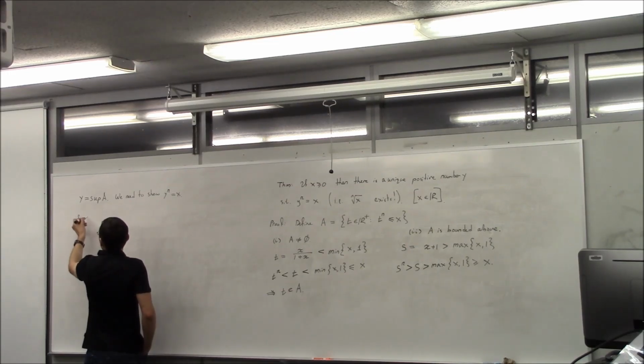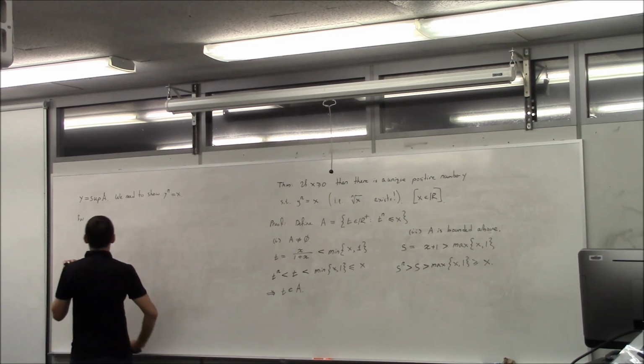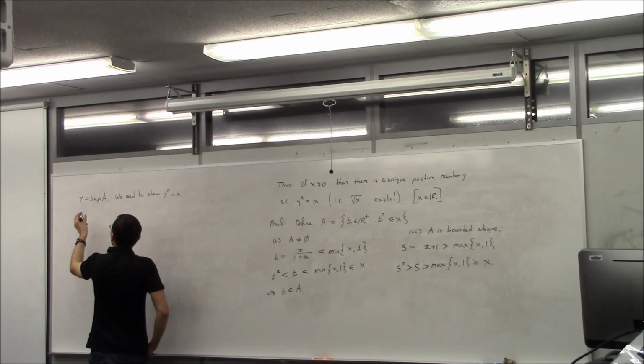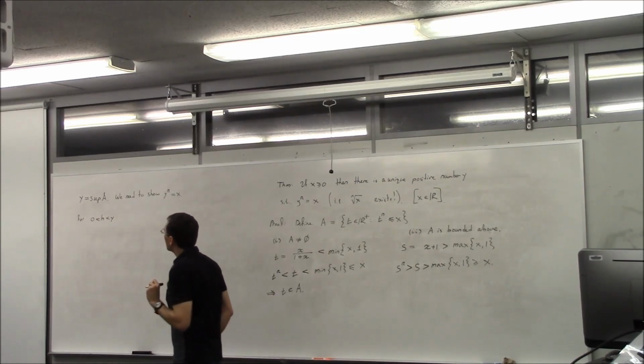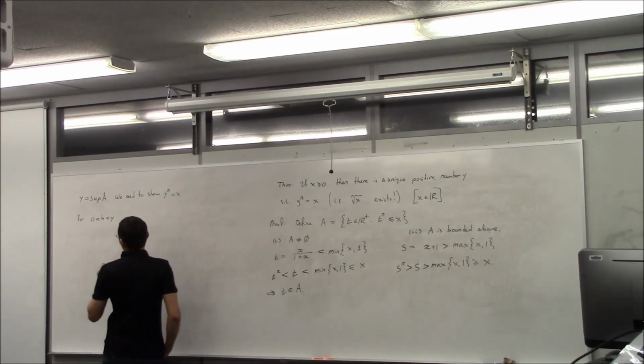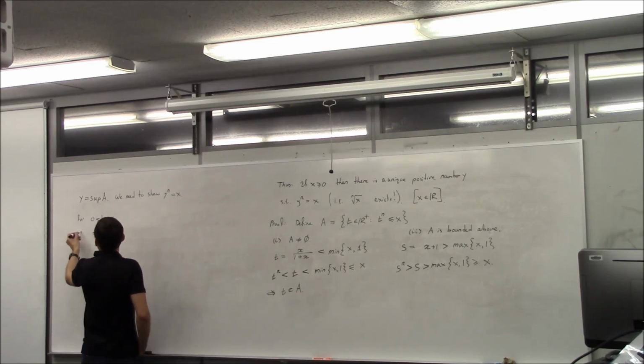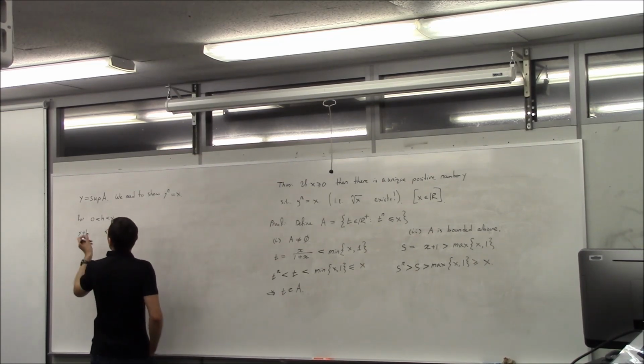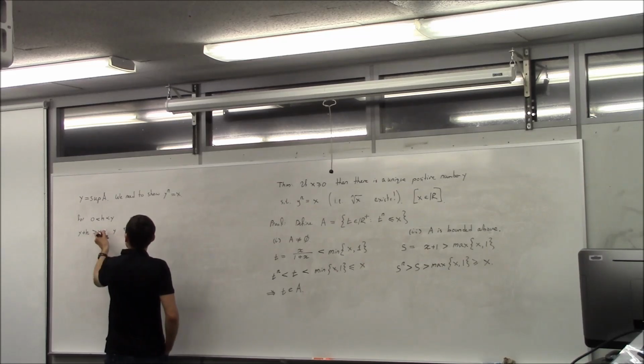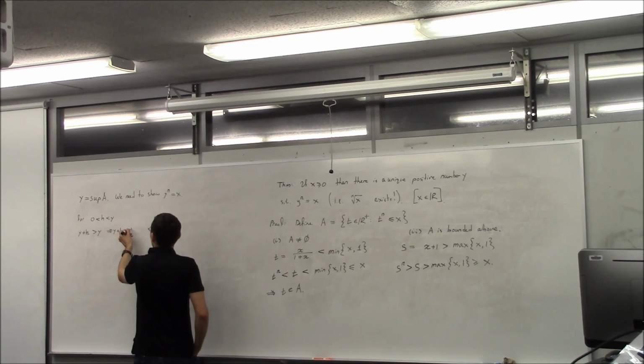For h bigger than 0 but less than y, I'm going to see that y plus h is bigger than y, so y plus h is not an upper bound.